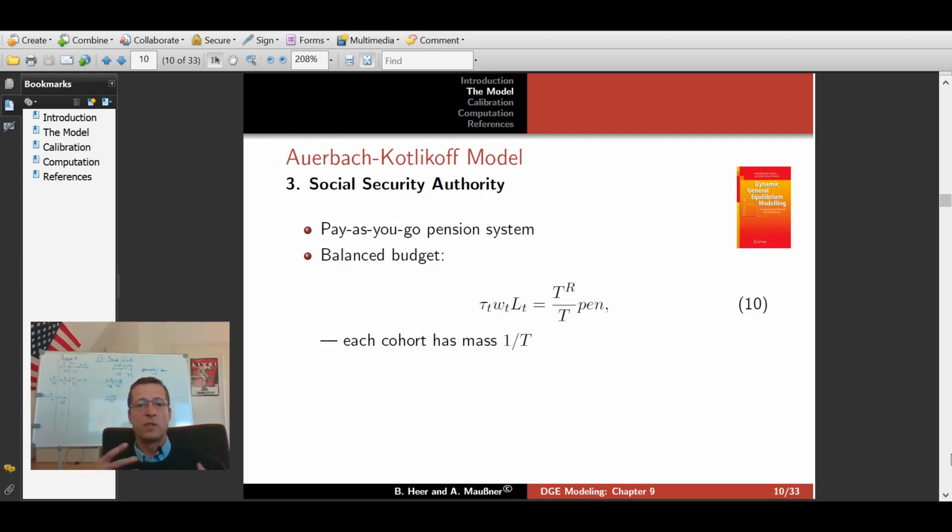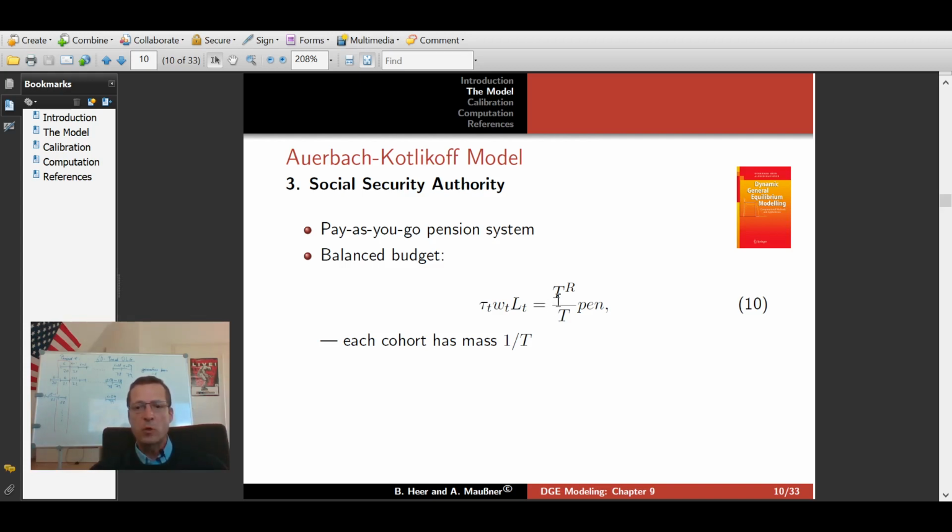We now introduce the Social Security Authority. We know they tax labor income at the rate tau. Total labor income is equal to w_t times L_t, where L_t is aggregate labor. And they have to finance pensions of the retired people. So we know there are 20 cohorts of retired people, and we have 60 cohorts altogether.